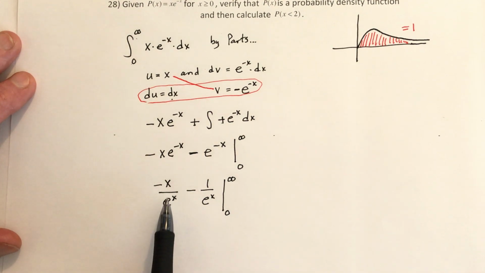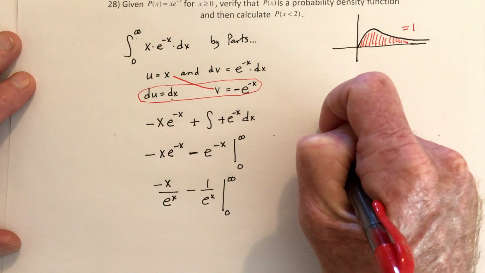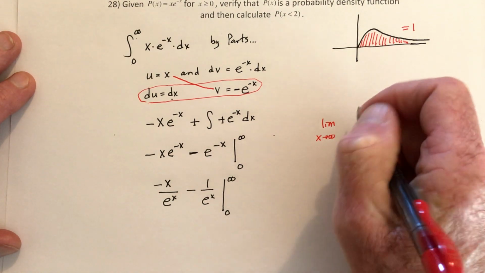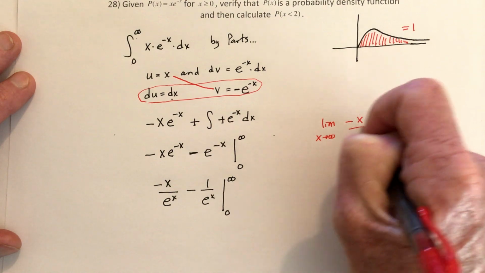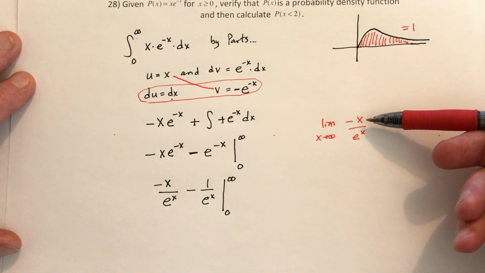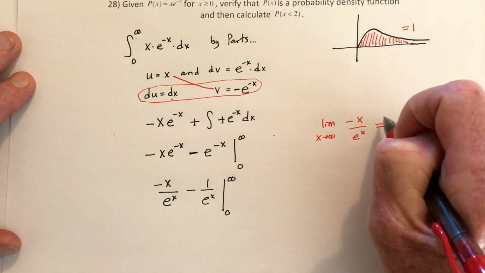So first of all, if you substitute infinity, this would be infinity over infinity, because e to the infinity is infinity. This would be infinity. And whenever you have something like that, then really you're supposed to say, what's the limit as x goes to infinity of a negative x over e to the x? And because this is going to infinity and this is going to infinity, that's a great time to use L'Hopital's rule.